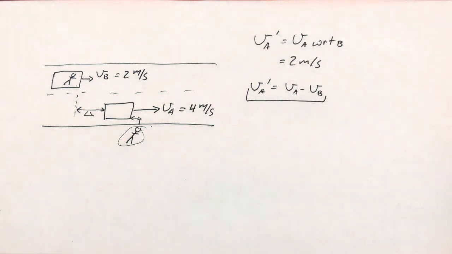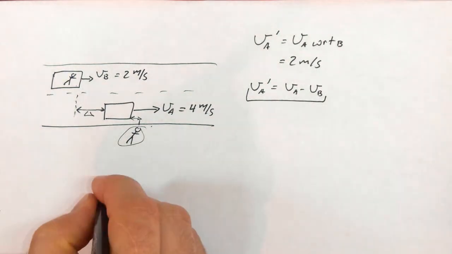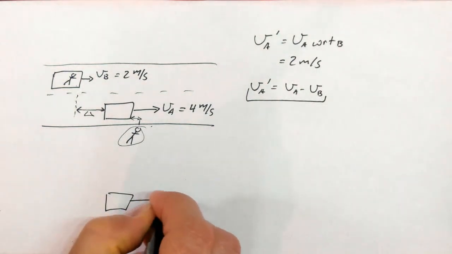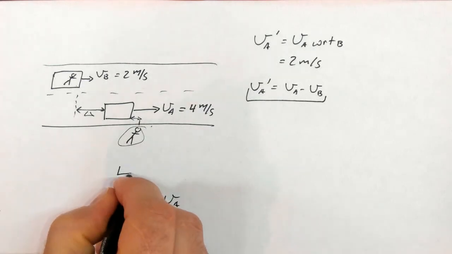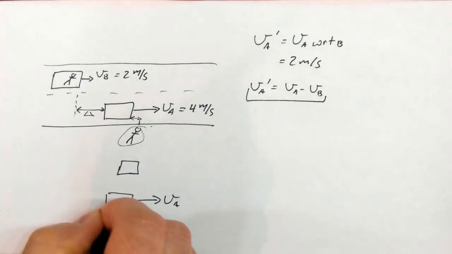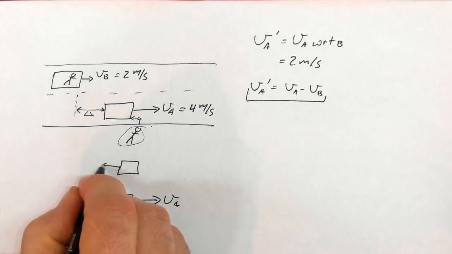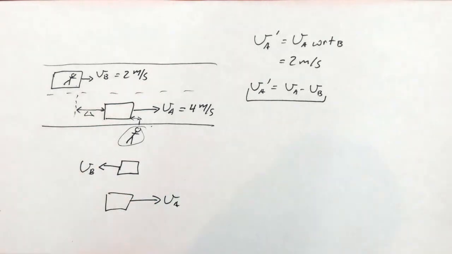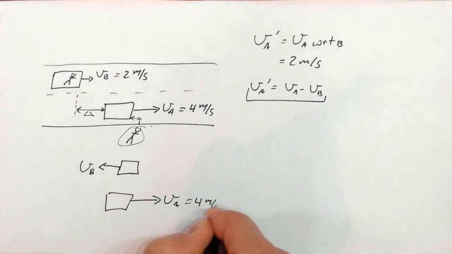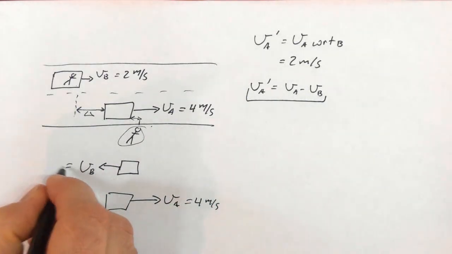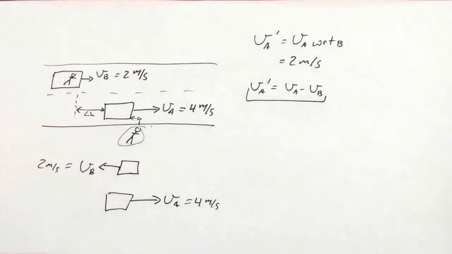Now, direction matters here. So if I change this up a bit, I have car A moving with VA, and car B moving backwards with VB. Okay, let's be specific again. Let's suppose this is 4 meters per second to the right, and this equals 2 meters per second to the left.